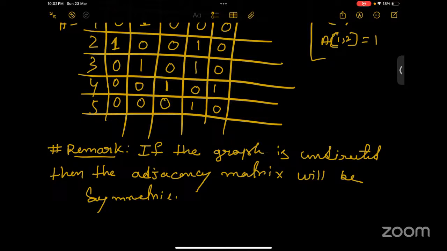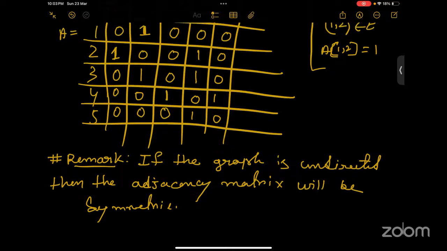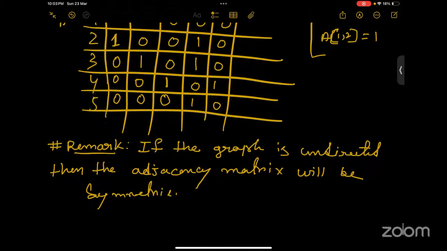Whenever we have an edge, that means we will have a 1 in this place, right? So if I have the undirected graph, the maximal number is the maximal entry of the matrix, right?